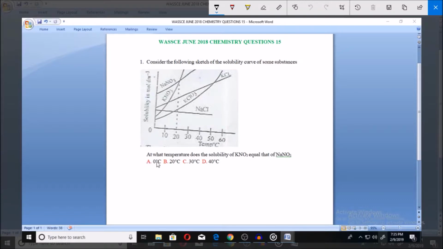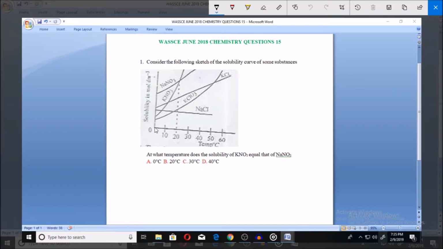Option A, 0 degrees Celsius, B, 20 degrees Celsius, C, 30 degrees Celsius, D, 40 degrees Celsius. So at what temperature is the solubility of KNO3 equal to that of NaNO3?